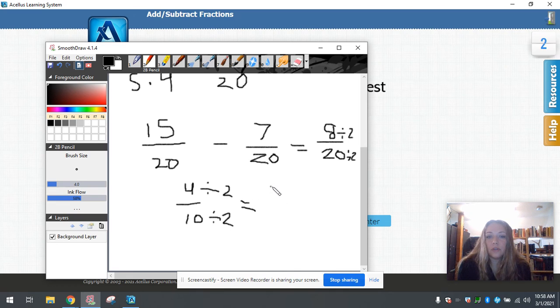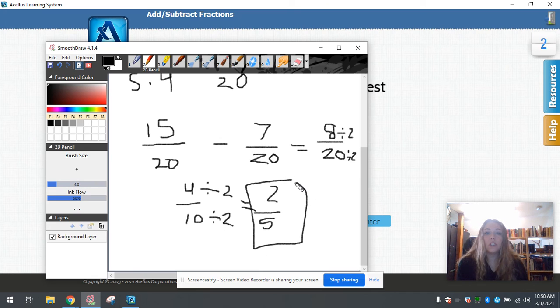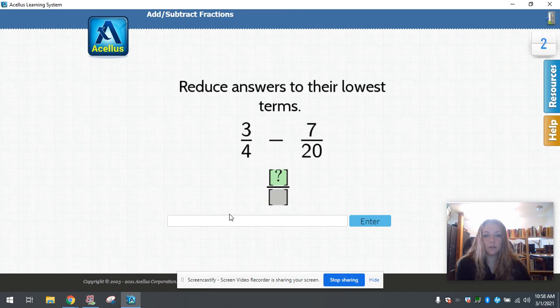So 4 divided by 2 is 2. 10 divided by 2 is 5. Now I don't have both even numbers anymore. 2 is a prime. I can't divide 5 by 2 or else I'll get a decimal, 2.5. So my answer is 2/5.